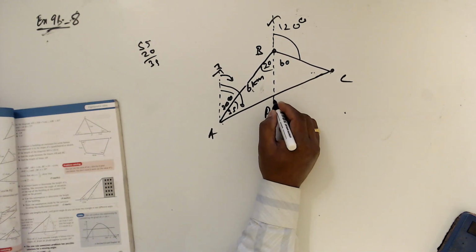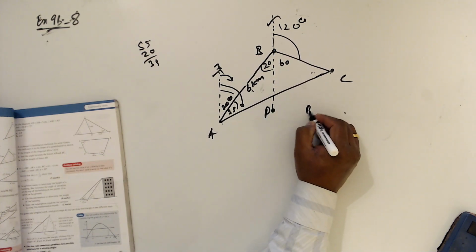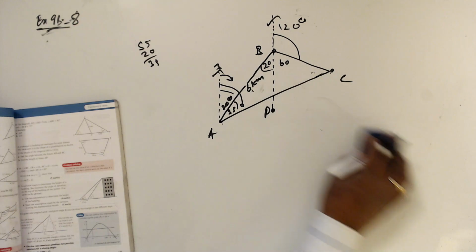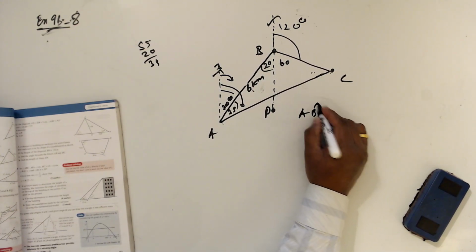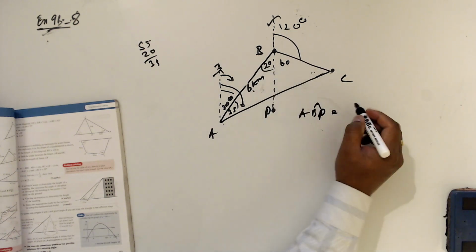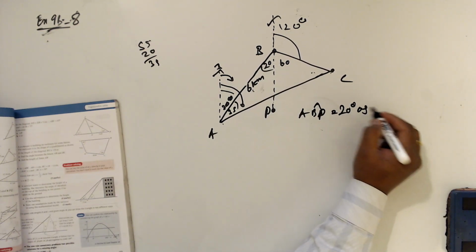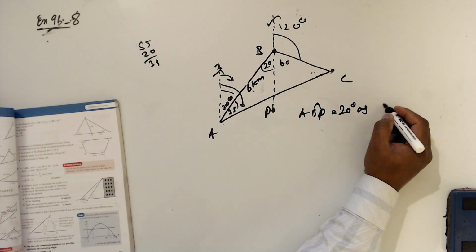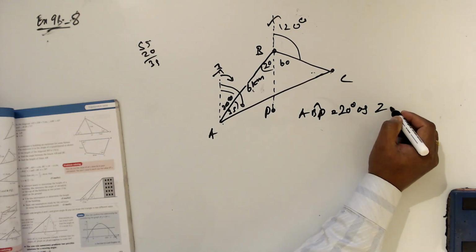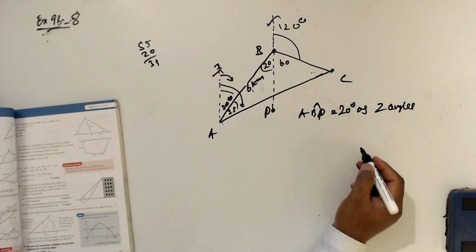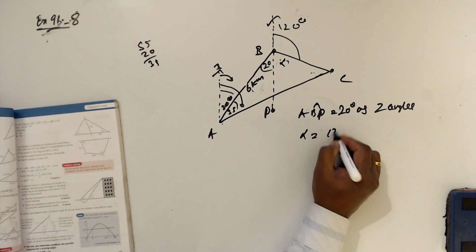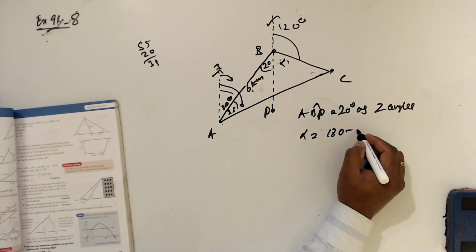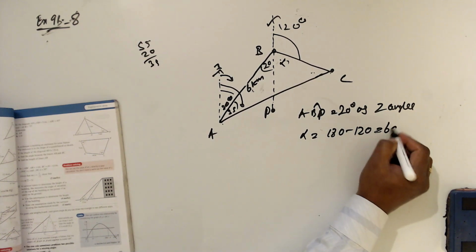Now I'll put this point as P. Then angle ABP is 20 as Z angles, and I'll take this as alpha equal 180 minus 120, which is 60.